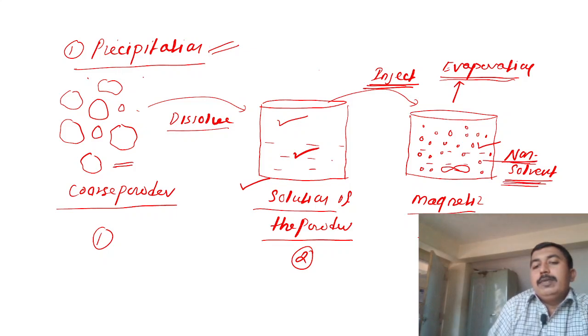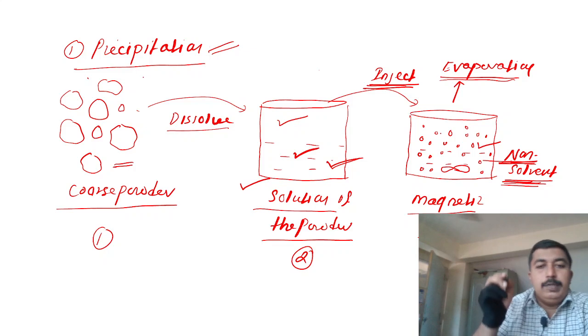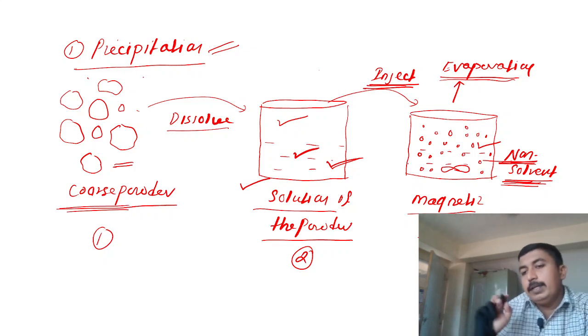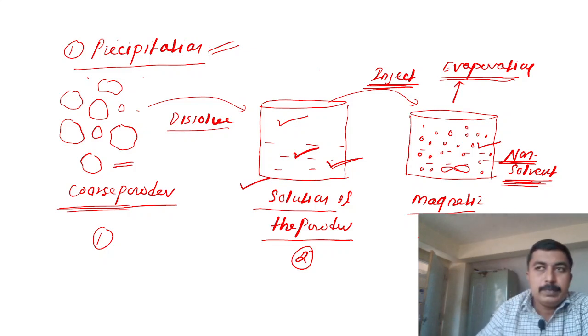So due to evaporation of the solvent and insolubility of the powder in the second liquid, with continuous stirring, the powder will precipitate out. So simply I have converted the coarse powder particle into fine powder particle by the precipitation technique.